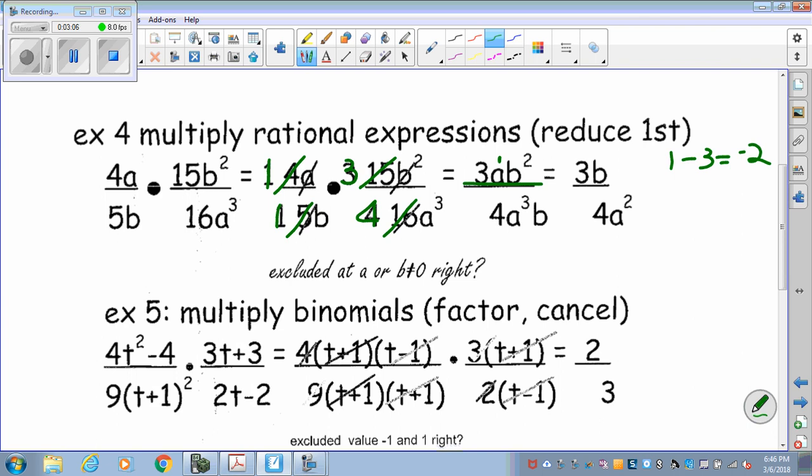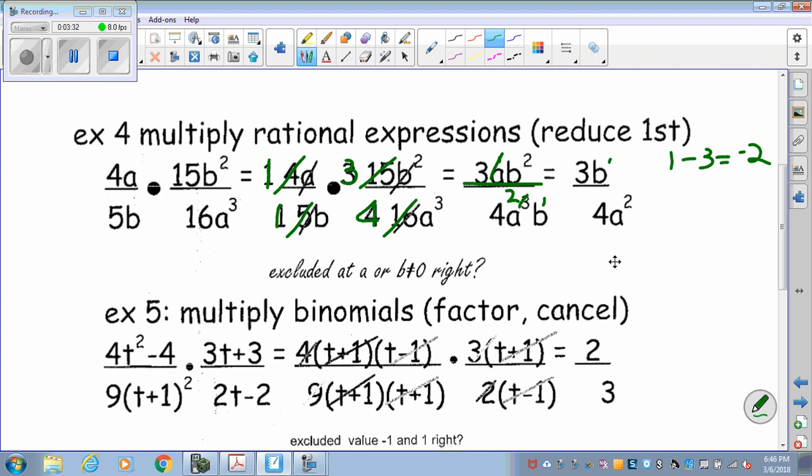Remember, your negatives are going to go in the denominator. That also makes sense because the 1a up top is going to divide out with one of these down here. So I have 2 left, 1 minus 3 is 2. And here I have 2 b's in my numerator. 2 minus 1 is 1, so I have that 1b in my numerator.